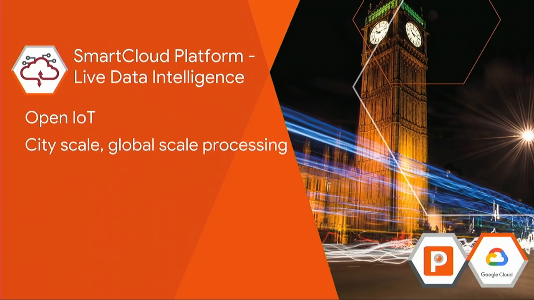It actually allowed us also to eliminate all the burden of developing that technology, trying to be aligned with standards of the industry, because Google's going to be doing that for us. And it scales up and scales down for the millions and millions of transactions, messages that we deal with every single day. So, city scale, global scale processing.